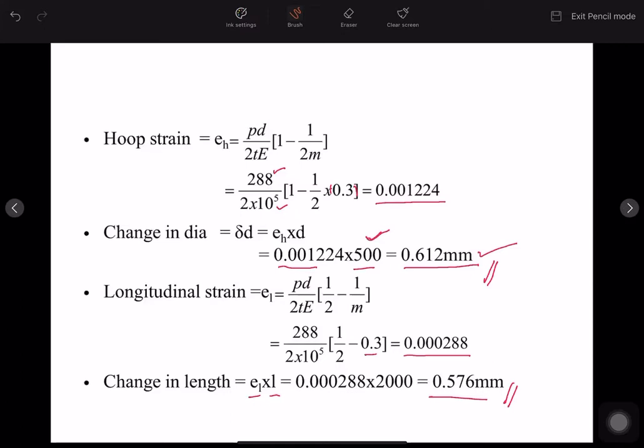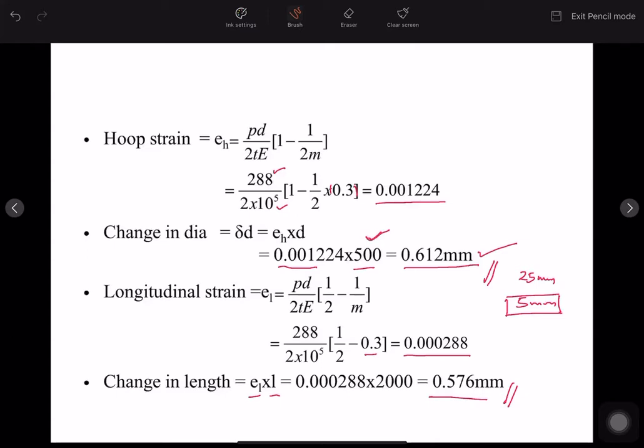This will help you check whether your answers are correct or wrong, because if you get values like 225 mm or 5 mm, those answers need to be checked once again, because there won't be that much change in the dimensions.